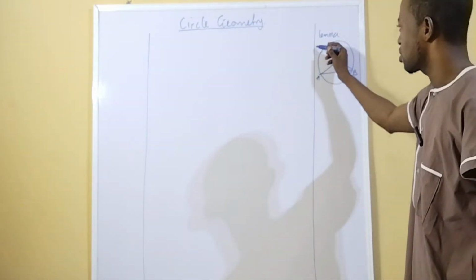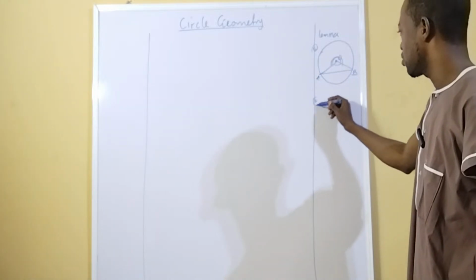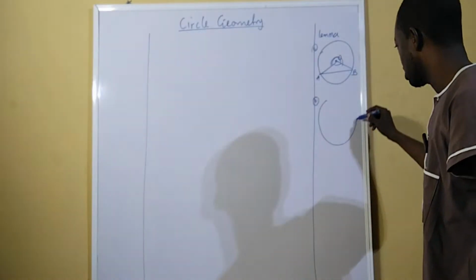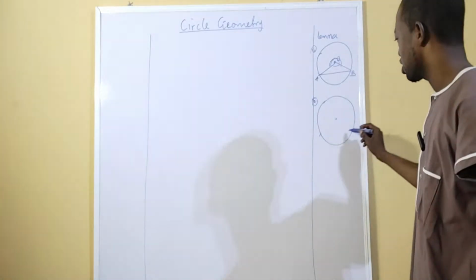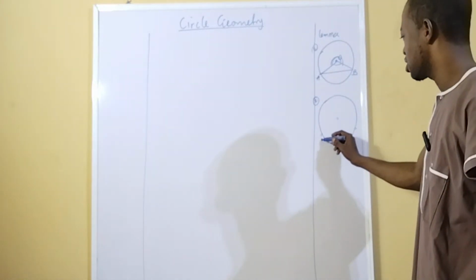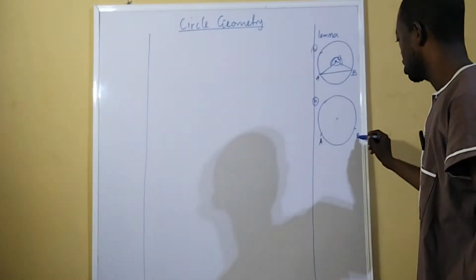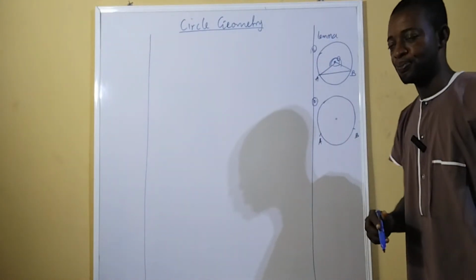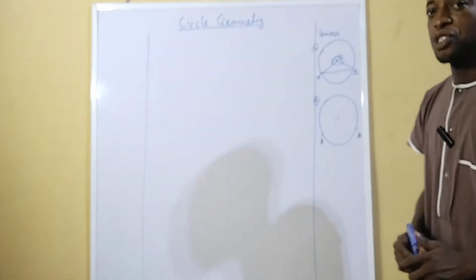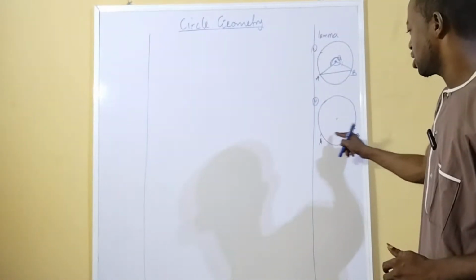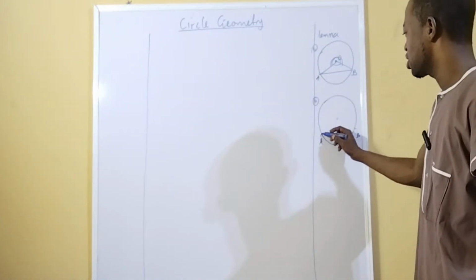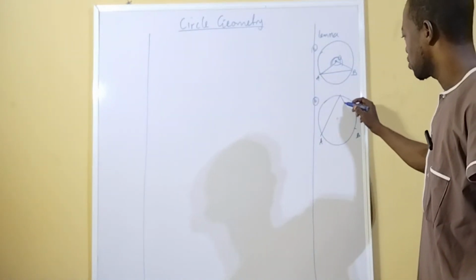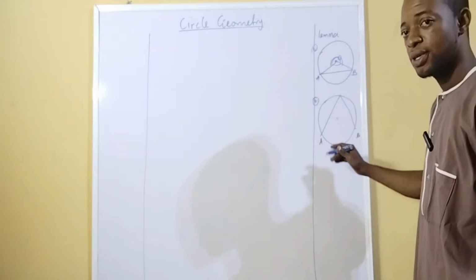And also the second lemma here: a chord also, or an arc. Let's use an arc in this case. This is A, this is B, so this is arc AB. If we draw a line that joins A to B, it becomes a chord. Now this arc can subtend an angle at the circumference at the upper part here.